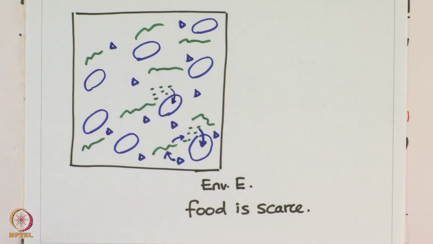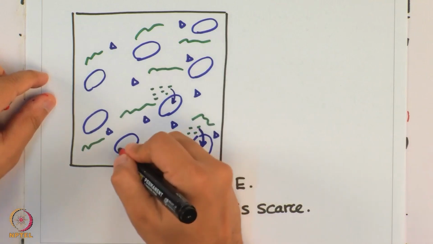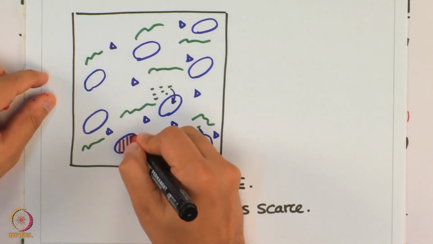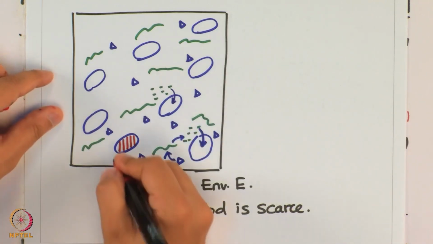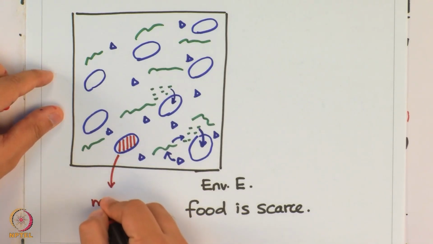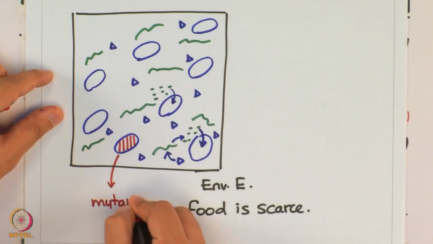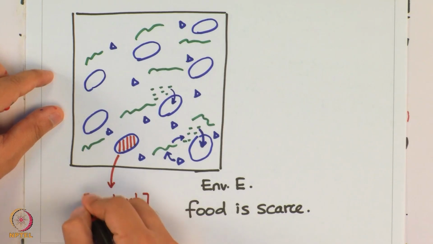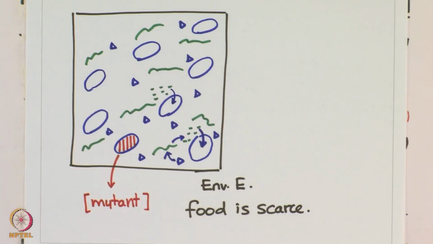But let us imagine that one of the bacteria living in the environment acquires a mutation. So, this is my mutant in the population now, and what this mutant is doing is that it has picked up a genetic mutation which no longer leaves it capable of producing that enzyme.